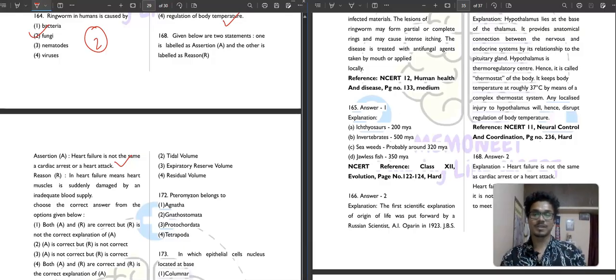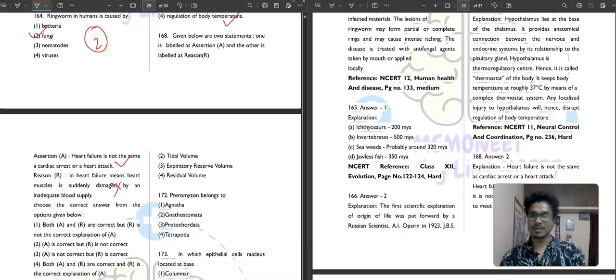Cardiac arrest means blood could not be pumped, and heart failure means there is a muscle damage. The reason says that heart failure means heart muscle is suddenly damaged by an inadequate blood supply. This is the heart attack, so the reason is not correct.